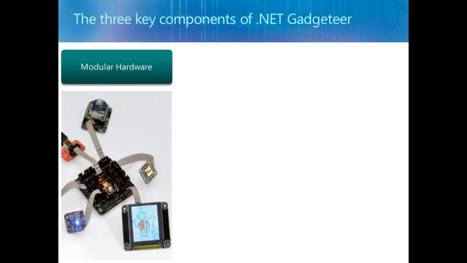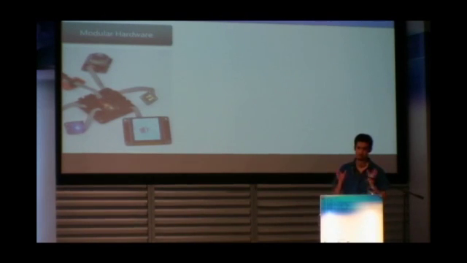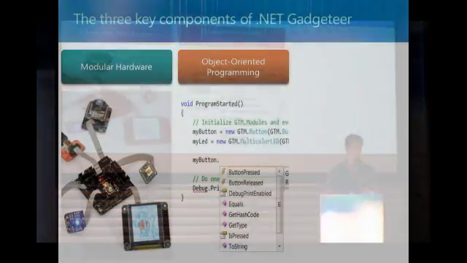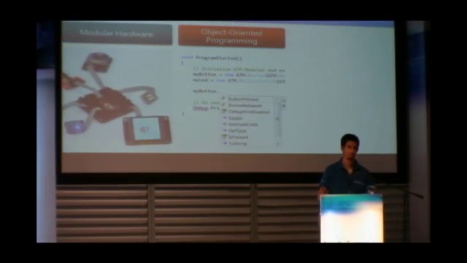There are three pillars that we thought are involved in making devices and that our toolkit addresses. One has to do with hardware, so one of the pillars is modular hardware. The other one is object-oriented programming, making it easier and very productive to program these devices that you want to build.